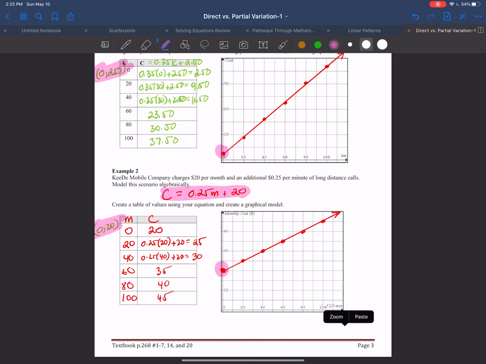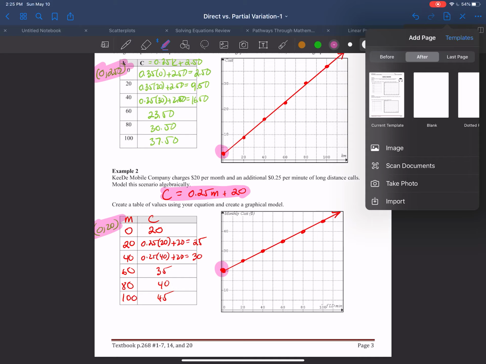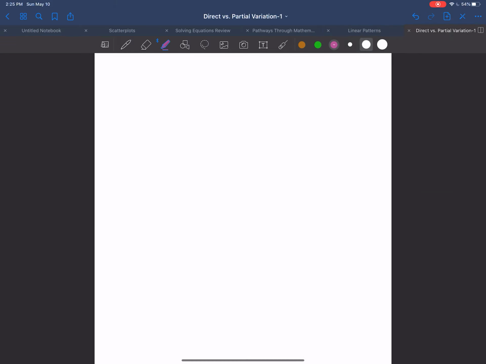So to summarize, direct variation. As an equation, you would have something like this as an example.